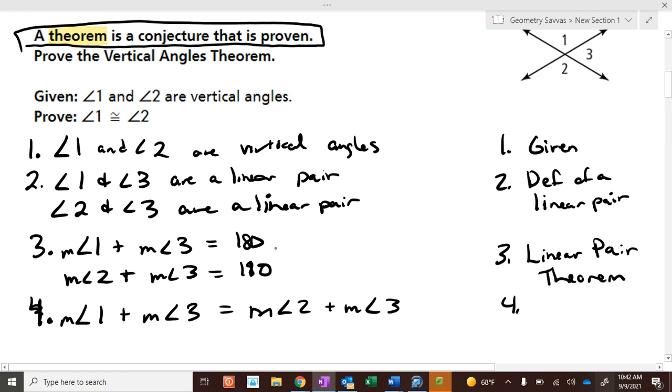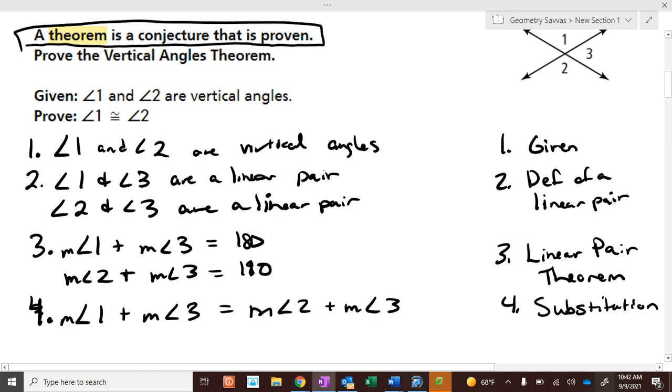So when I replace 180 with another one, you could say transitive property if you want, or you could say substitution if you want. Transitive property is if the first equals the second and the second equals the third, then the first equals the third, kind of like the law of syllogism. Or you can say substitution. We replaced 180 with what 180 is equal to in another thing.